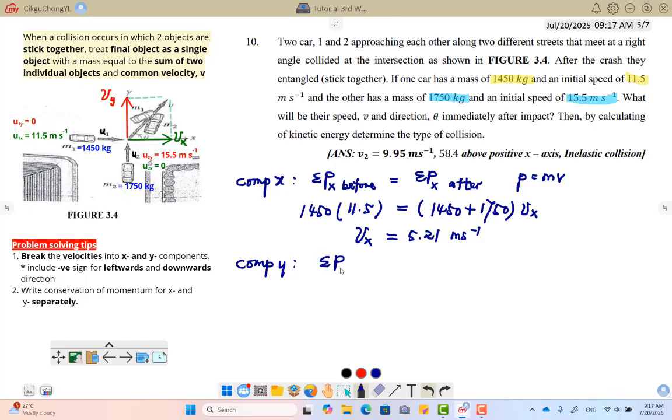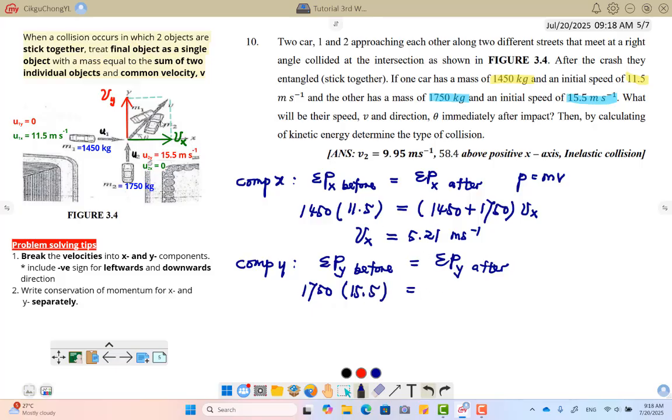Then I do it again for the y component. The total momentum along the y direction before collision must equal the total momentum along the y direction after collision. Before the collision, car 2 is the only car moving along the y direction, upwards. So we have the momentum, the mass of car 2, 1750, multiplied by the initial velocity of car 2 along y, which is 15.5.